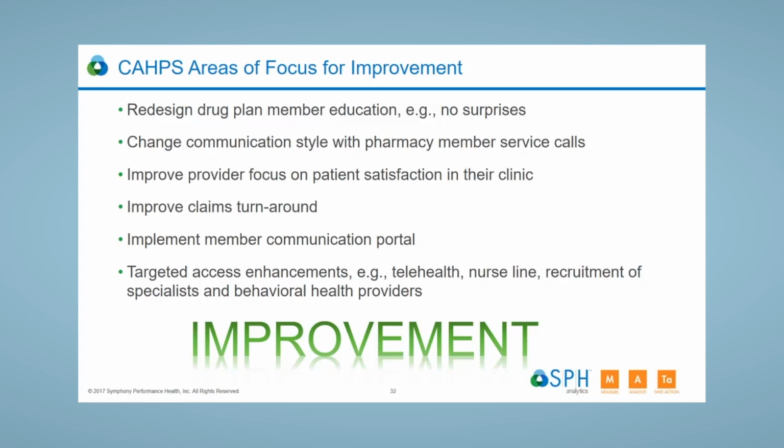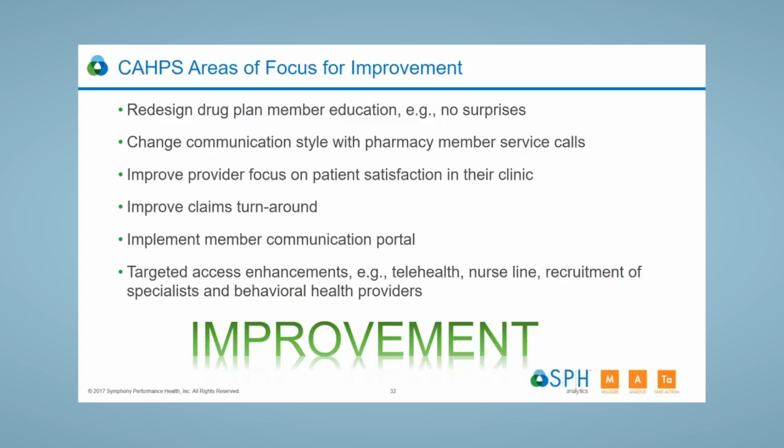And then lastly, we focused on access enhancements. We've implemented a telehealth program to be able to access urgent care over the phone through a Skype kind of activity. We've implemented a nurse line for after-hours triage. Actually, it's 24-hour triage.